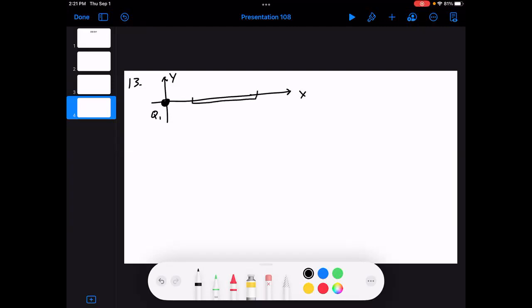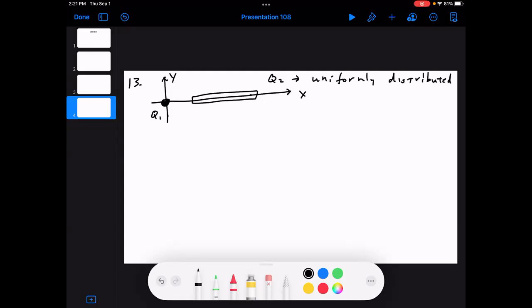So we have a rod here. Are we going to call it Q2? Yes, we're going to call it Q2, where Q2 is uniformly distributed. And whenever you see uniformly distributed, just know that you're going to do some sort of density.